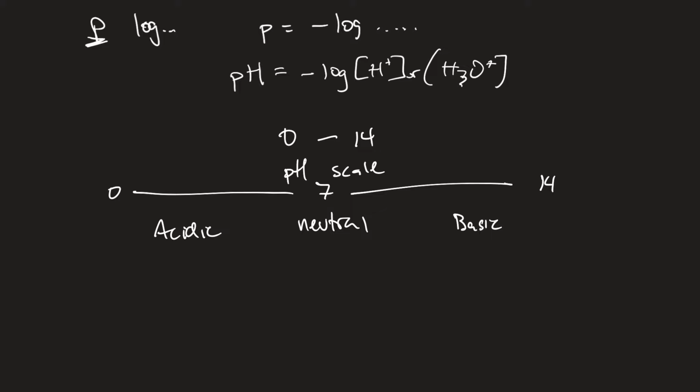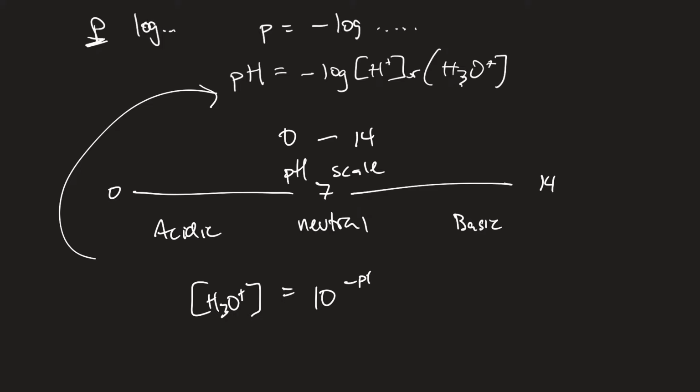Putting this back into play with the definition of pH: as I said, pH is the negative logarithm of the concentration of hydronium or hydrogen ions. On the flip side, if you were to figure out the concentration of the hydrogen ions, it is equal to 10 to the power of negative pH.